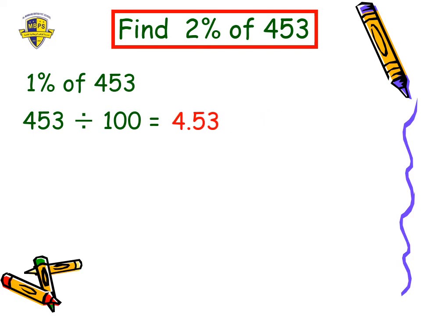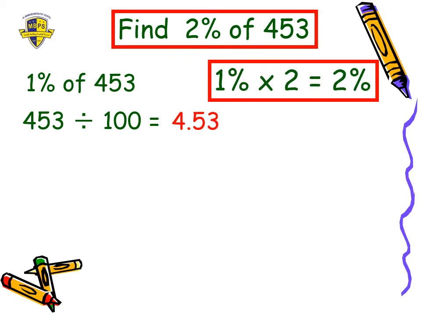Okay, this is 1%. But I want to find 2%. So I have to multiply by what? By 2. Good. Let's multiply 4.53 by 2. We write it vertically, 4.53, sorry, not 52.